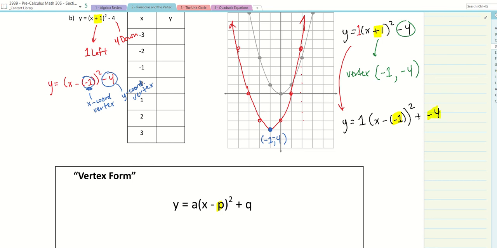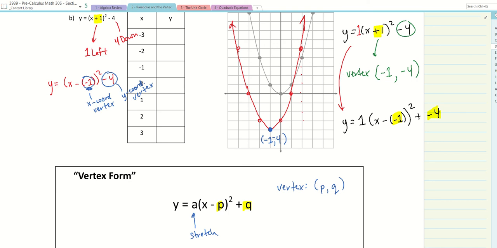Looking at those two values, p and q, my vertex is p, q. Or you can look at it the way we described before: it's going 1 to the left, 4 down, so it would make sense. And then this is the stretch. If the stretch is negative, you're going upside down instead of right side up.